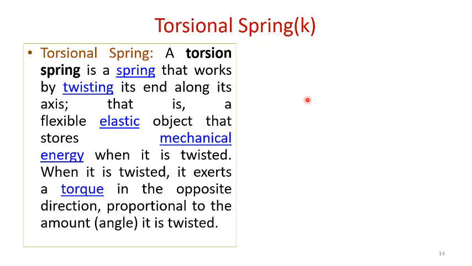It stores elastic potential energy, and it gives back its energy when it is getting untwisted. So if a torque, or a twisting moment, is exerted on the spring, it will try to restore back to its original position.